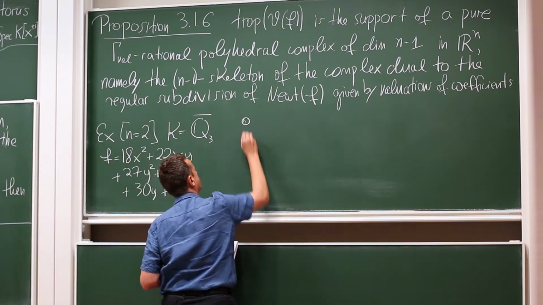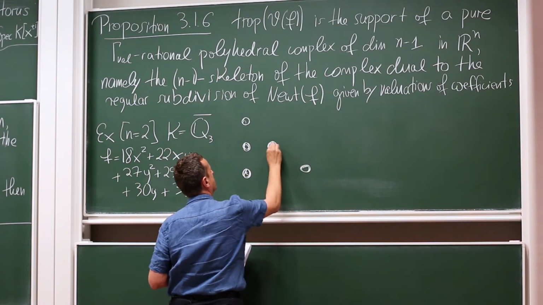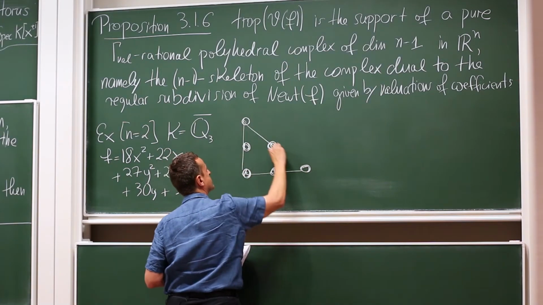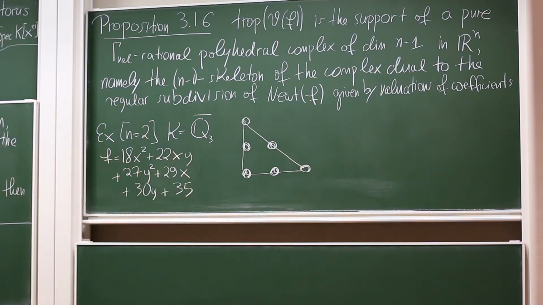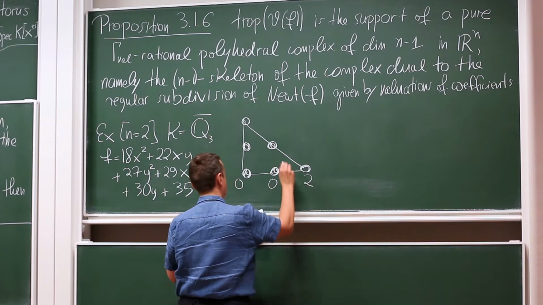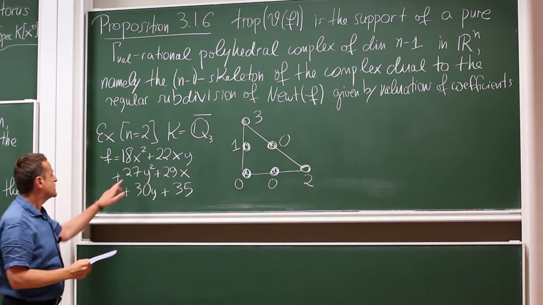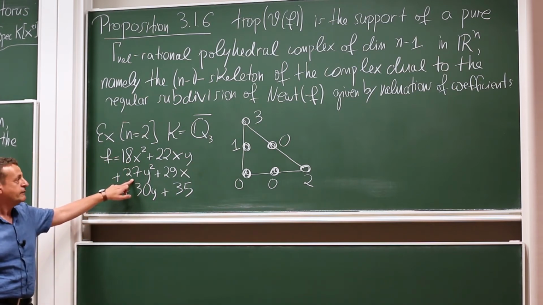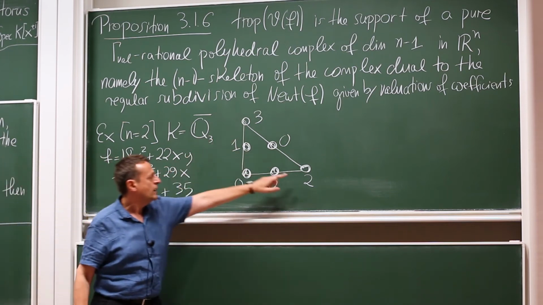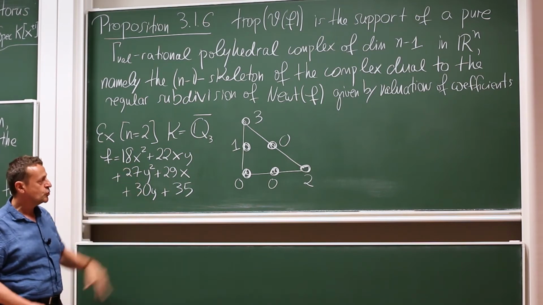So I draw the Newton polytope. I plot the exponent vectors into the plane. The Newton polytope here is the convex hull of these 6 points. So it's the standard triangle inflated by a factor of 2. And then the valuations are 0, 0, 2, 0, 1, and 3. The 3 is coming from the 27, which has three-adic valuation 3, and y squared is up here. Here's x squared, and the coefficient of x squared, 18, has valuation 2.